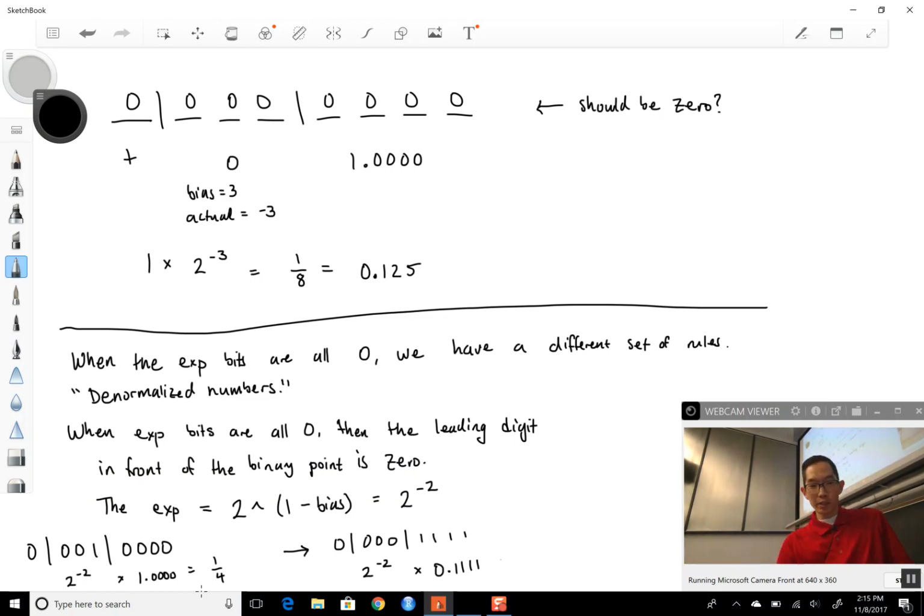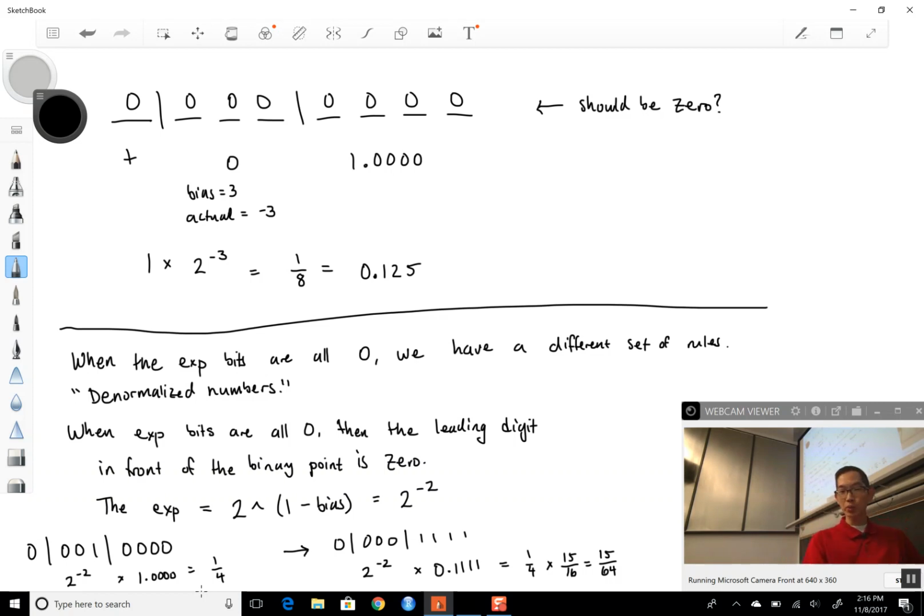All right, and so this becomes equal to 1/4 times 15/16, and I'm not good enough at math to figure this out. 15/64, which is 1/64 less than 1/4. So 1/4 is 16/64, right? So going down to the next thing, we would have 15/64. That would be the next smallest number there.